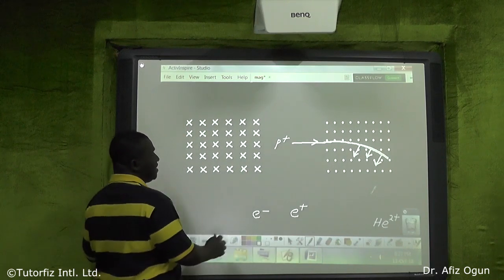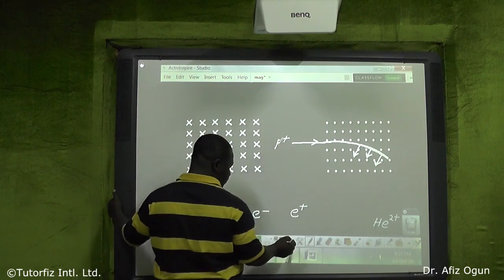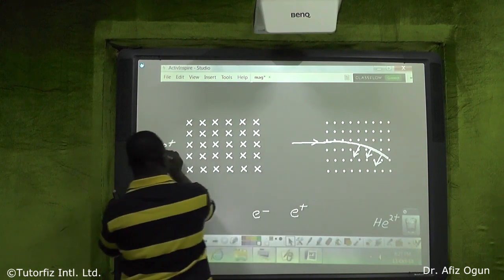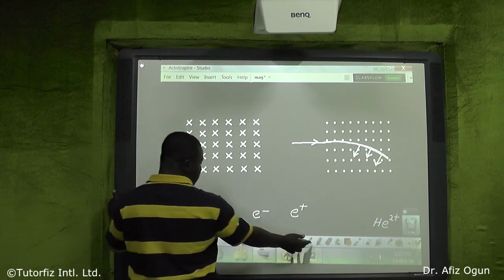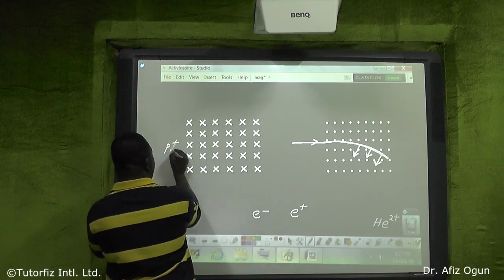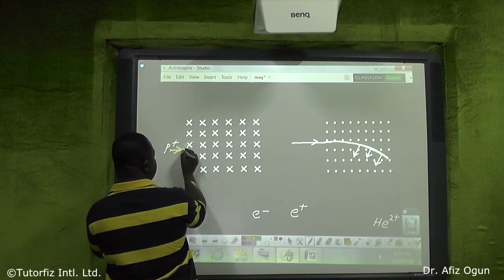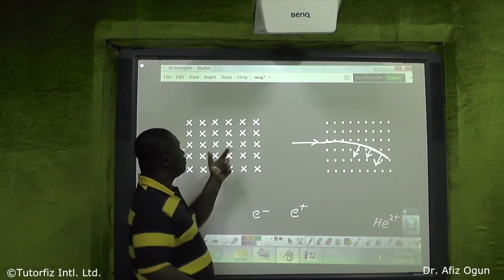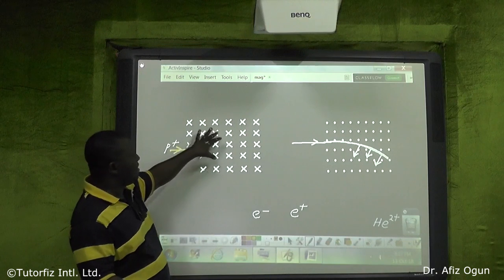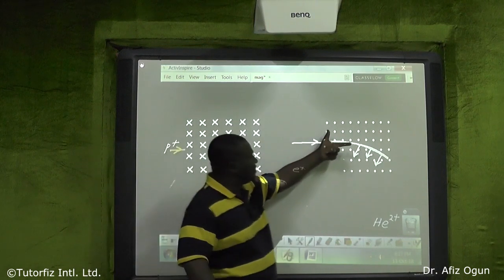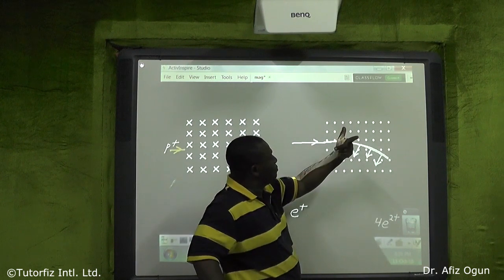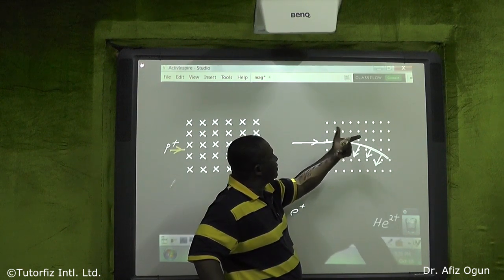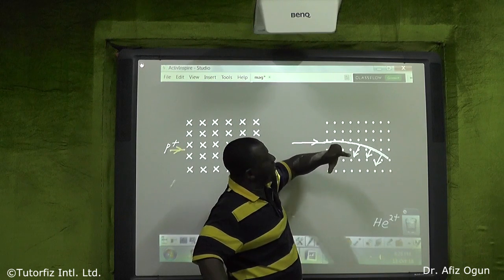So if it is going into the magnetic field here, when the magnetic field is out, current that way. Magnetic field out, current that way.